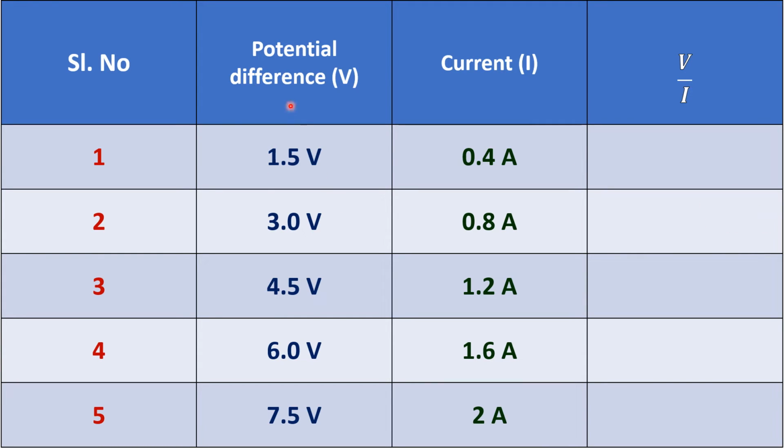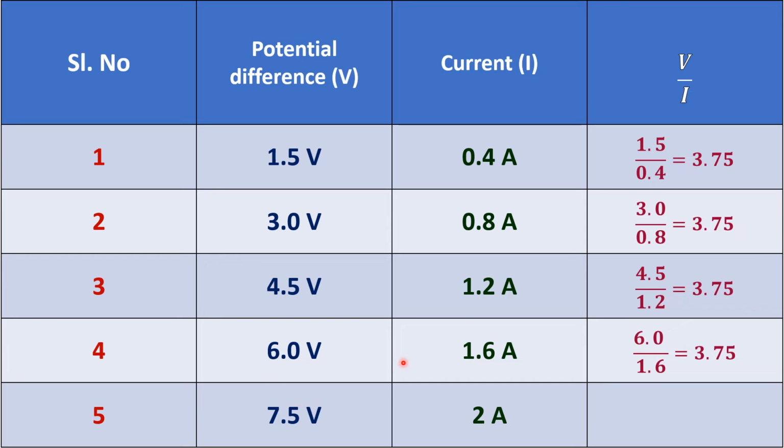See here, in the first case the voltage is 1.5 volts, that is the potential difference is 1.5 volts, and the current is 0.4 amperes. 1.5 divided by 0.4 equals 3.75. In the second case 3 by 0.8, again we got 3.75. 4.5 divided by 1.2 we get 3.75.